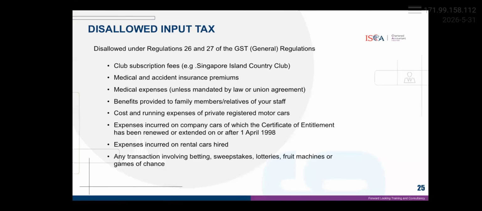Now, what is under regulation 26 and 27 of the GST regulations, which are therefore specifically called out to be blocked for input tax purposes?